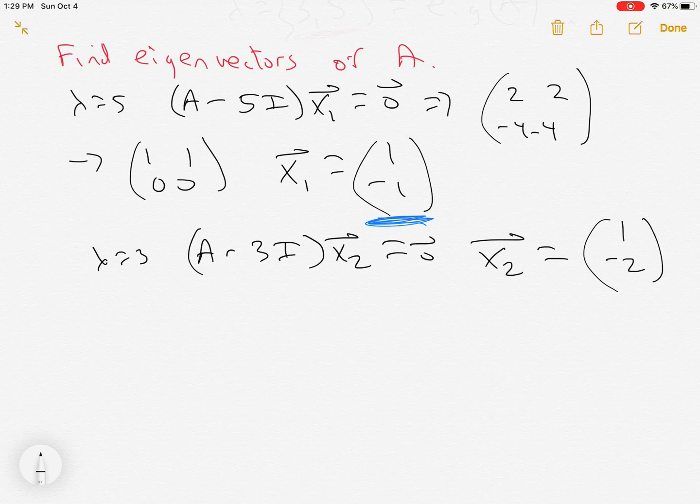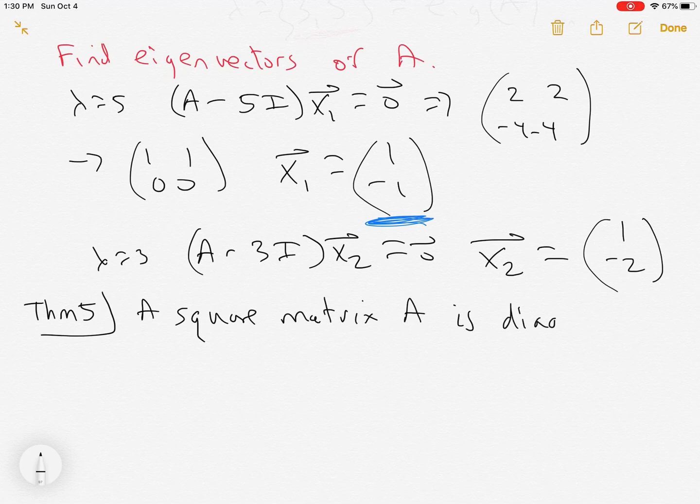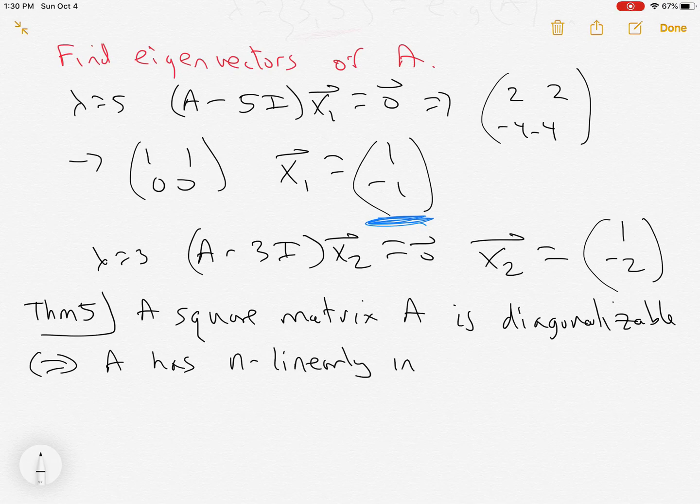I don't know what's cooler than that. So here's Theorem 5. Let A be a square matrix. A is diagonalizable if and only if A has n linearly independent eigenvectors.